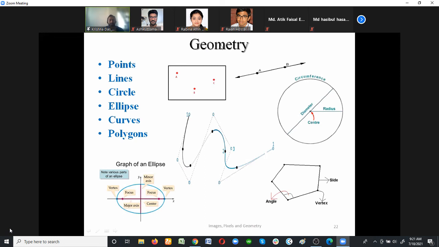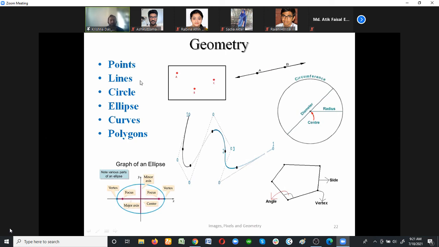All right. About the geometry, we are now moving to drawing some geometrical primitives, especially these two: line drawing and circle drawing. There are certain algorithms that we are going to check. For line drawing we are going to check two algorithms, and for the circle one algorithm.